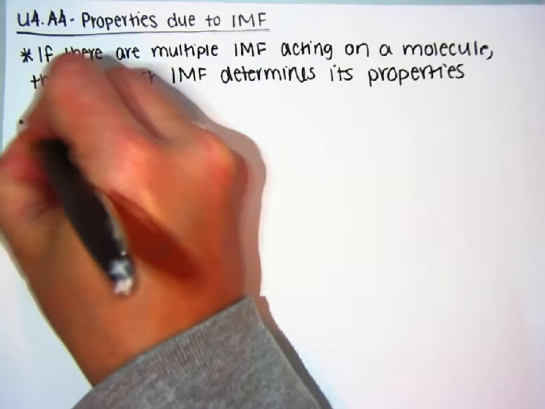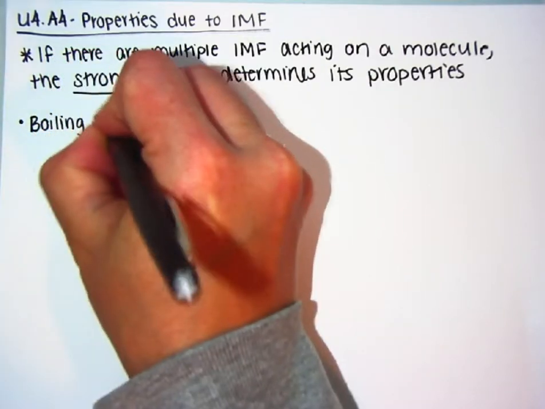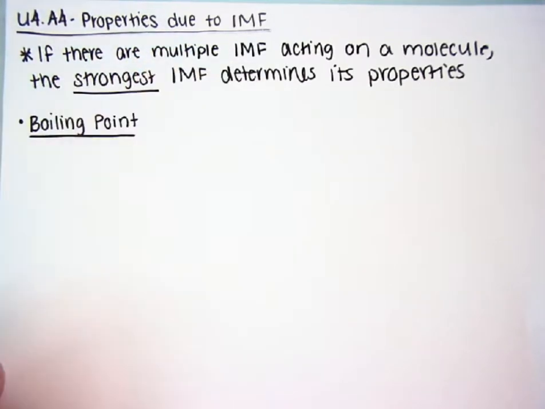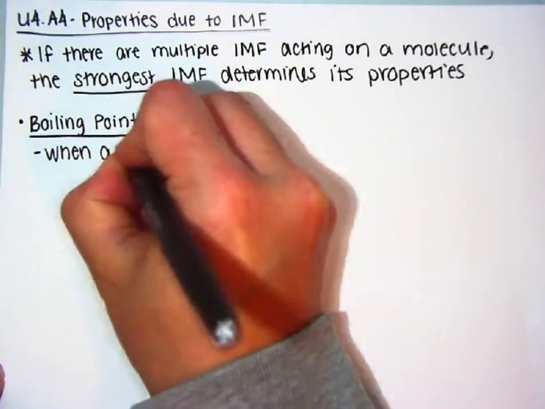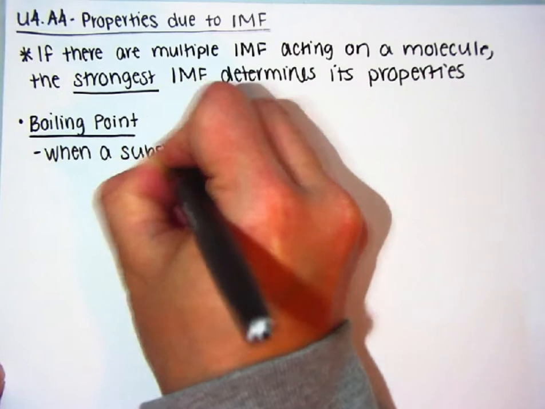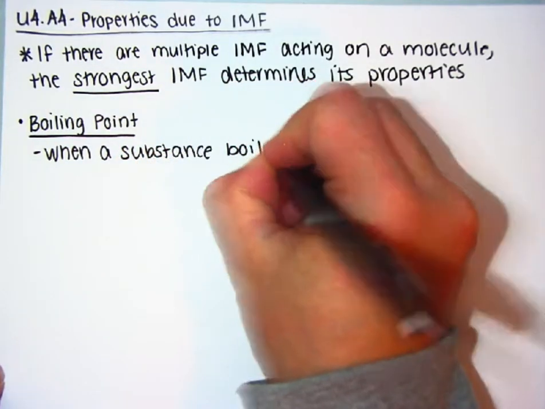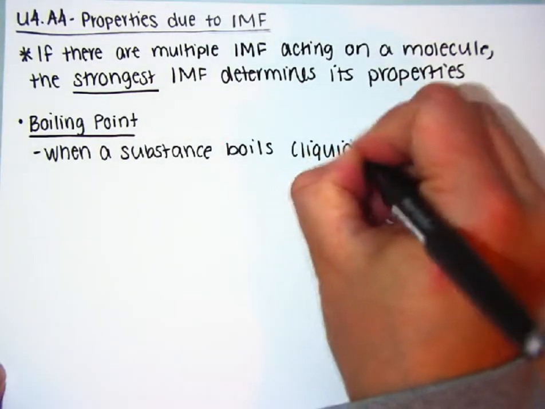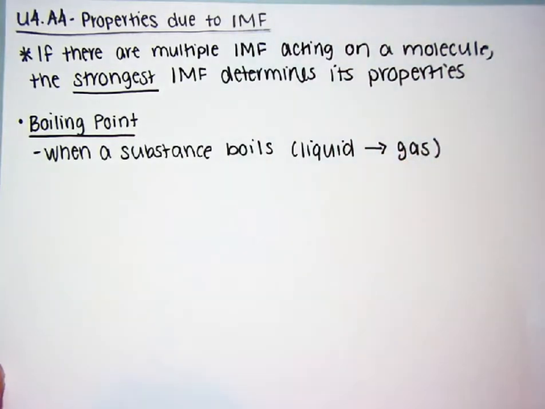So the first property we're going to talk about is boiling point. So when a substance boils, which means we're going from liquid to gas, like if we boil a pot of water, it's going from the liquid phase to the gas phase.